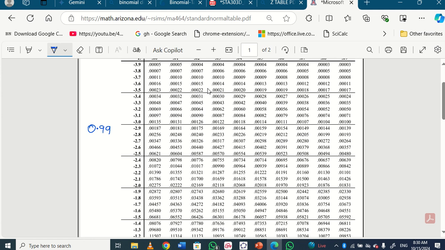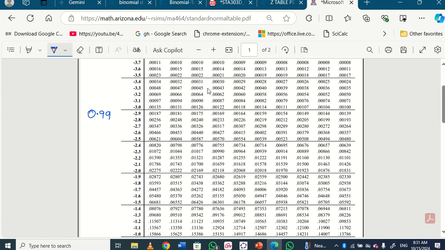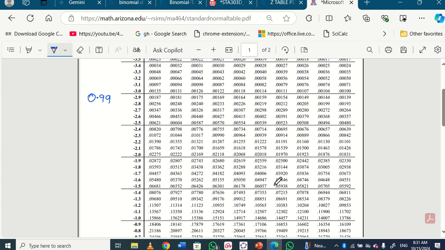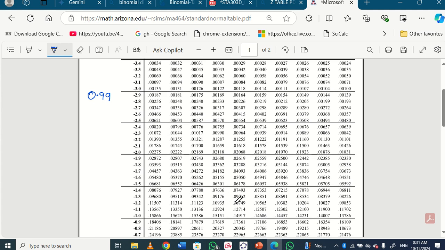So what you need to do is to go through all these decimal points and look for a value which is closest to 0.99. So let's do that. Going through them, I can see 0.2, 0.6, 0.8. I am seeing 0.9 somewhere here, but 0.91. So let me still go up.